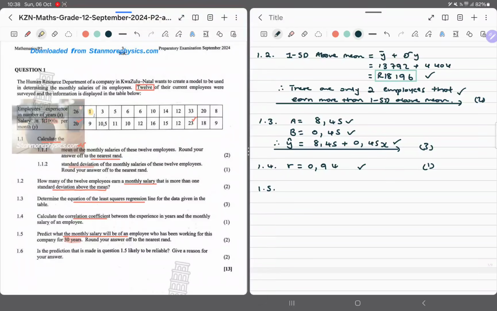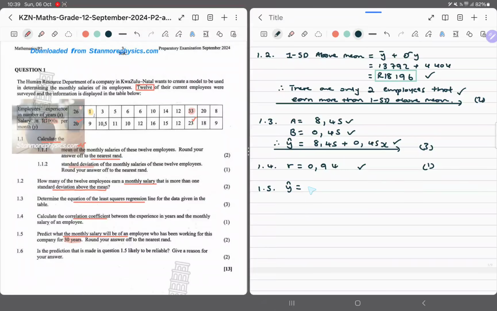It's 1. What's our maximum? It's 33. So 30 is within the domain. So whenever we predict within the domain, that is usually accurate. But what strengthens that accuracy is the correlation coefficient, and we can see this is a very strong positive correlation coefficient. So this is likely to be an accurate value.